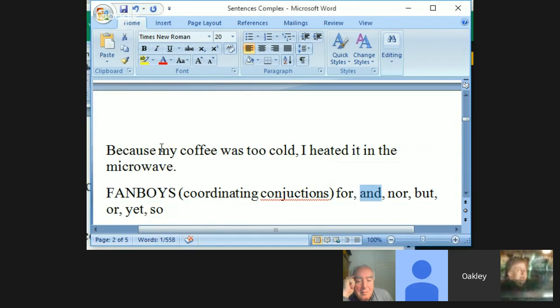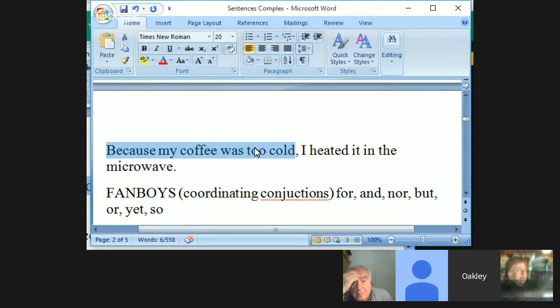Now the subordinators, like in this case, because, we don't ignore it. It's considered not as an addition outside the sentence, but as part of the sentence. Because this sentence doesn't make sense by itself, now it's a dependent or subordinate clause.